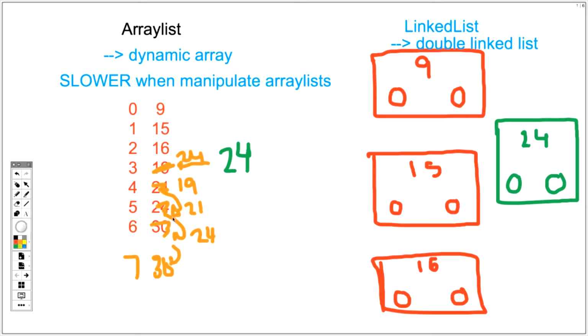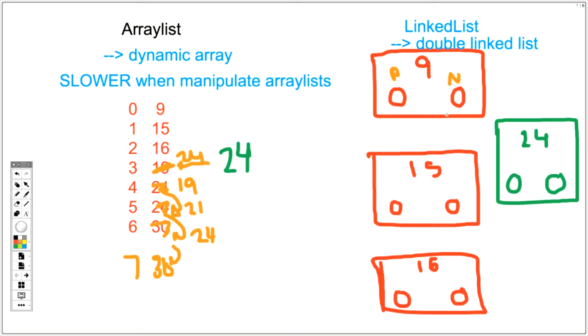24 here. Whereas in a linked list, here we have a double linked list, and these are our nodes. I do want to mention that this would be previous, and this would be next.